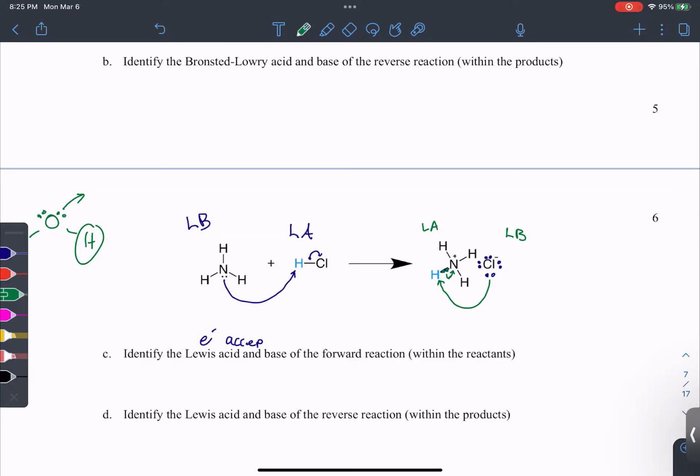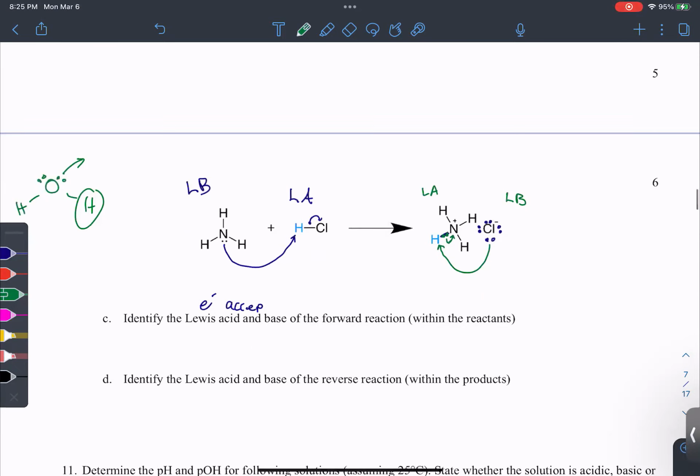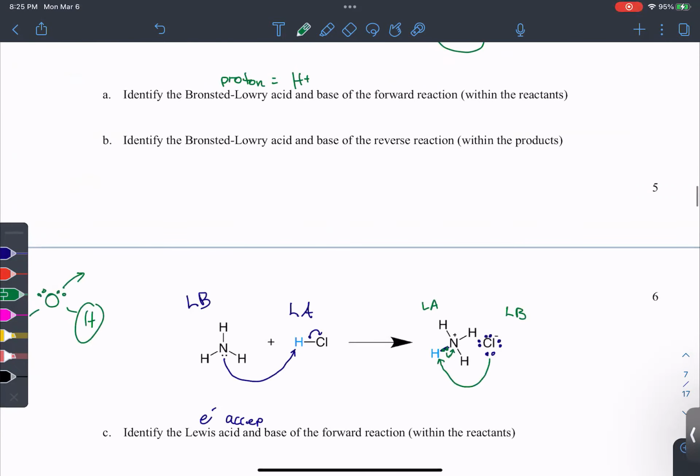So whatever works for you. I think the Bronsted-Lowry definition works the best for me. I'm thinking, okay, can it accept an H+? Can it donate an H+? So, for example, if I had some generic acid, H2A, what do you think it's gonna be? It's gonna be an acid. Why? Because there's hydrogens attached to it.